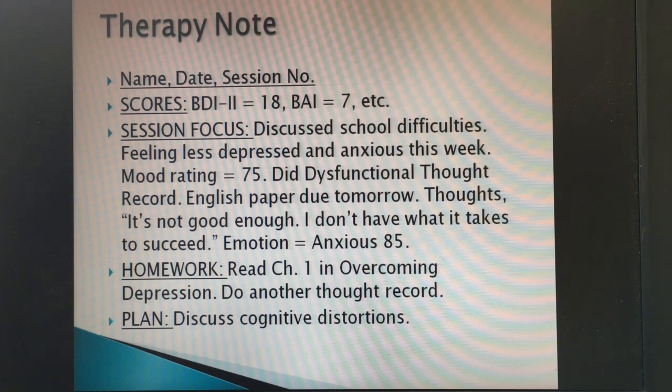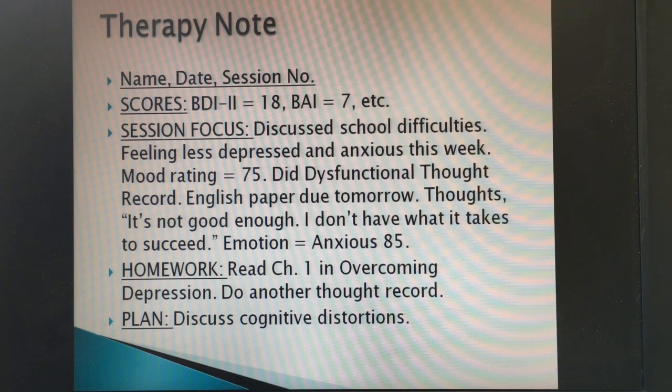Then there's a session focus portion. This example says, discussed school difficulties, feeling less depressed and anxious this week. Mood rating equals 75 out of 100. We did a dysfunctional thought record, and the situation was, the English paper is due tomorrow.